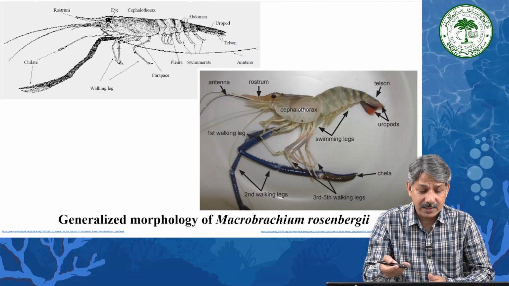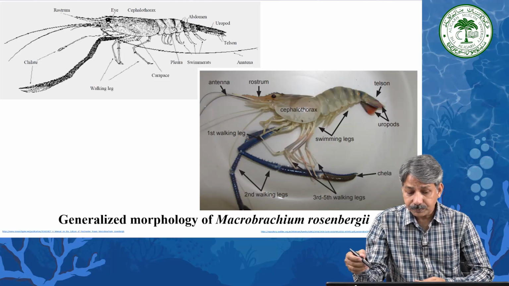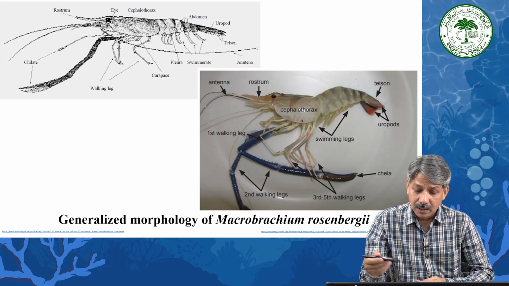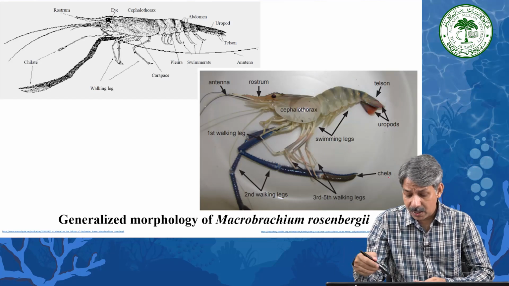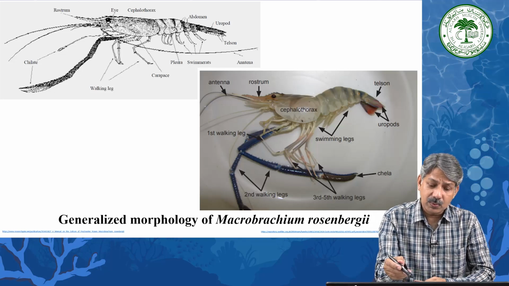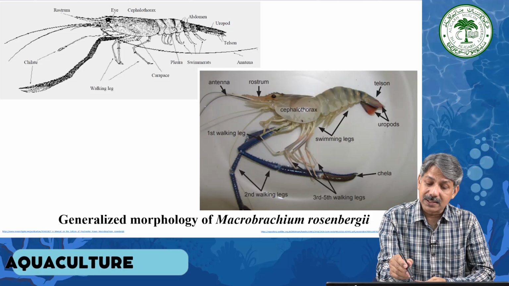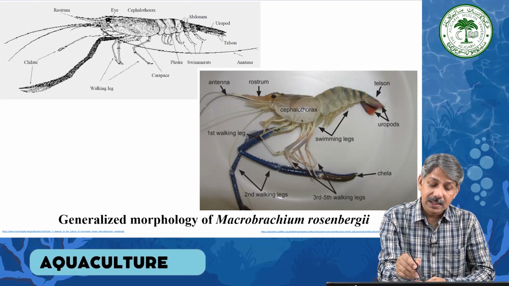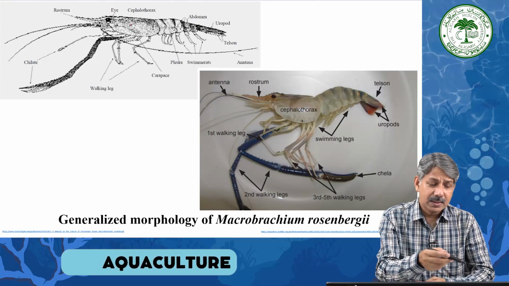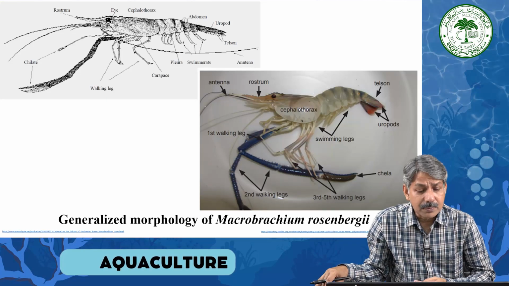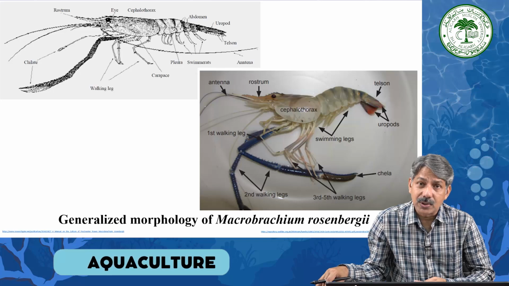Here you can see in the diagram or picture the rostrum, cephalothorax, then the swimming legs, telson, uropods. In this one also you can see them labeled: uropods, telson, antenna, then swimmerets, pleura, and carapace, of course, the different body parts of the giant freshwater prawn.